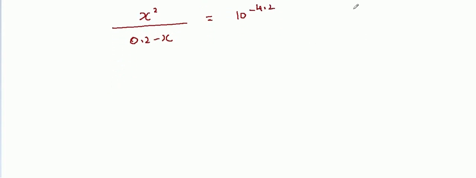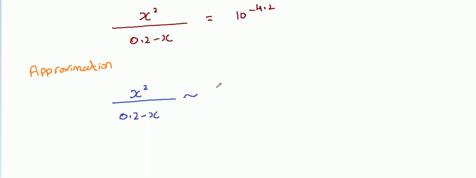So the approximation we are going to use here, you can use it at the exam also, and it is recommended in the mark schemes. We're going to say x squared divided by 0.2 minus x is almost equal to x squared upon 0.2. So I'm not going to consider the minus x here. And this one is equal to 10 to the power of minus 4.2. This way, we don't have to solve the quadratic equation using the discriminant, etc.